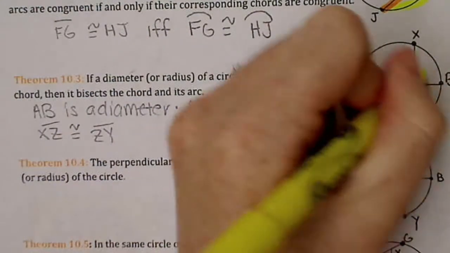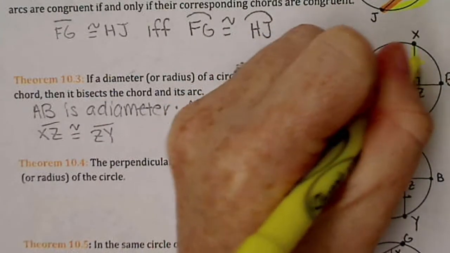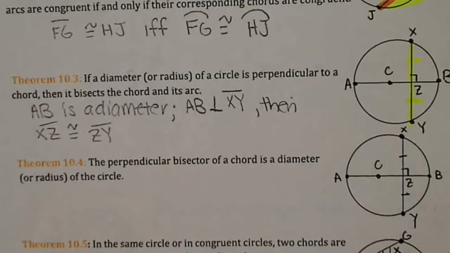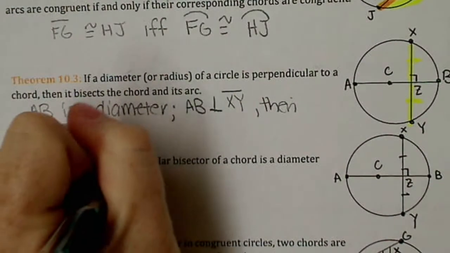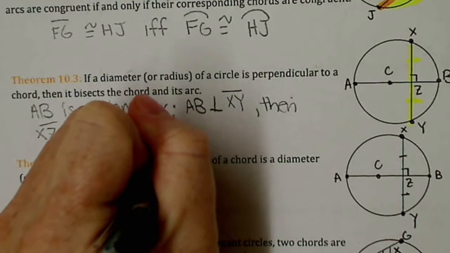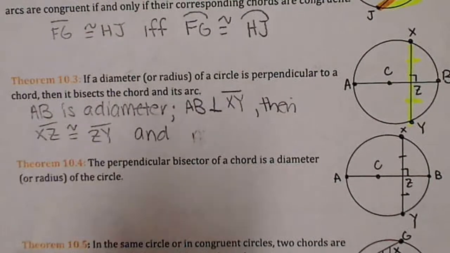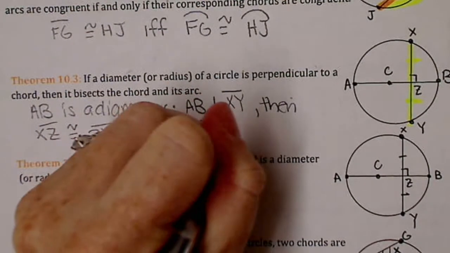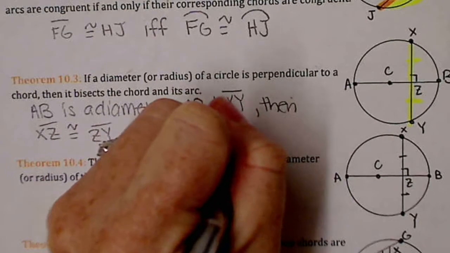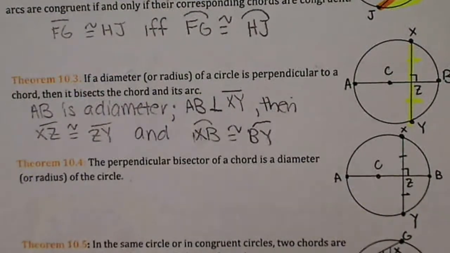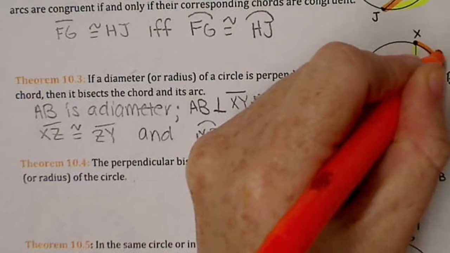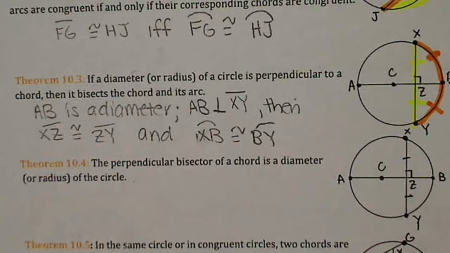We could say that these two are congruent. And we could also say that our arc, I'm sorry, not AB, arc XB is congruent to arc BY. So if those two chords are congruent, then these two arcs are congruent by Theorem 10.3.